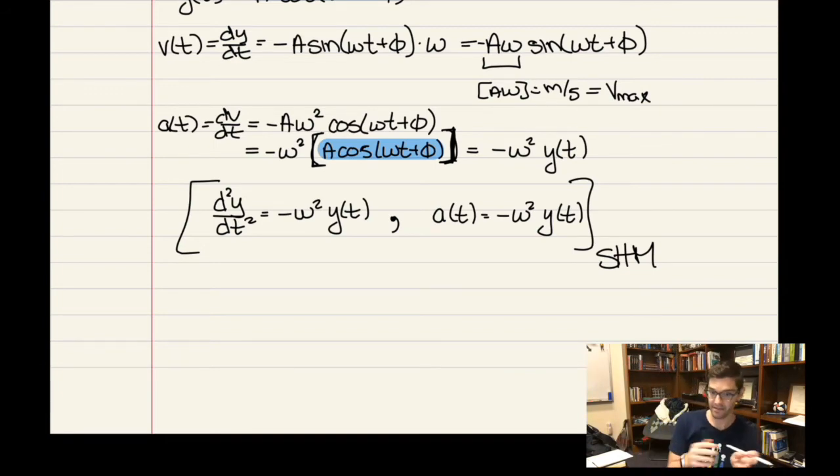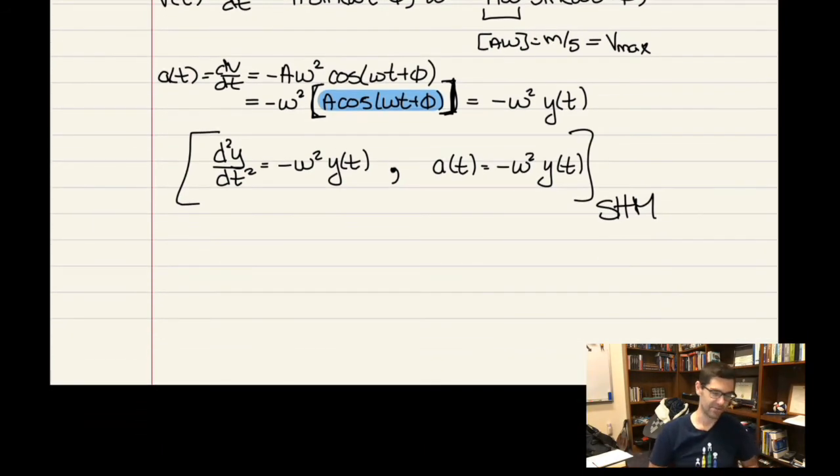You see this a lot. For those of you continuing on in physics and engineering, whenever you see acceleration equals minus a number times position, if you see a equals minus 3x or something like that, where a, of course, is the second derivative of x in this context.